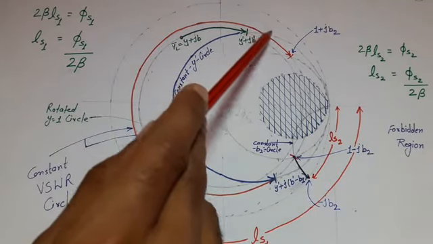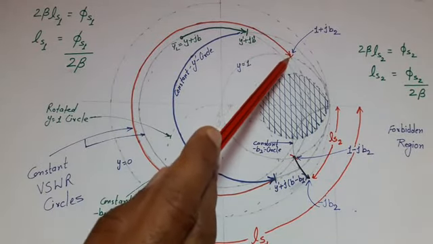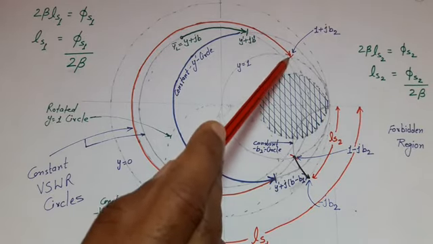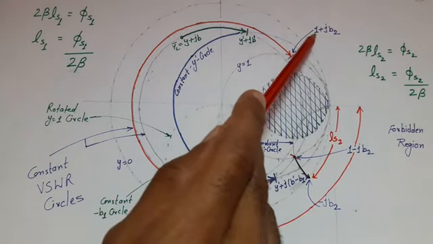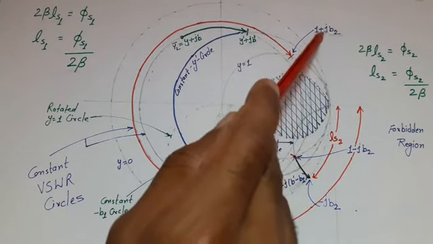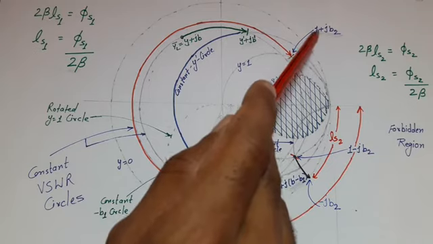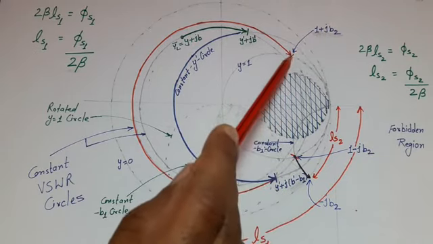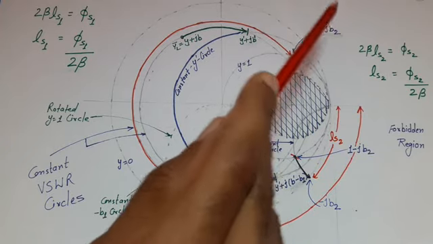After a movement of 270 degrees, we will surely come on the y is equal to 1 circle, and hence the real part of admittance corresponding to this point would be 1. Suppose here admittance is 1 plus jb2. For perfect matching, we need admittance seen from here to be 1 plus j0. So we will get an equivalent admittance of minus jb2 from this second short circuit stub.